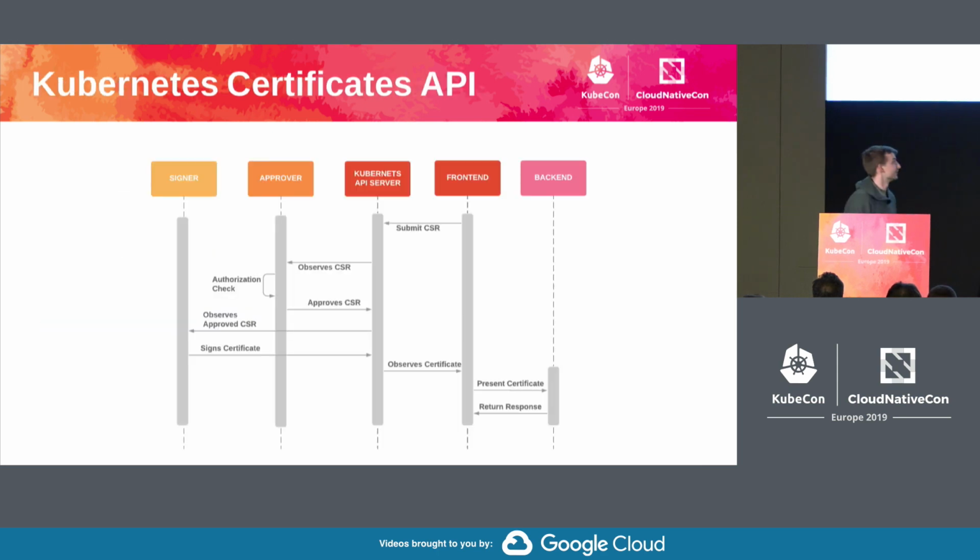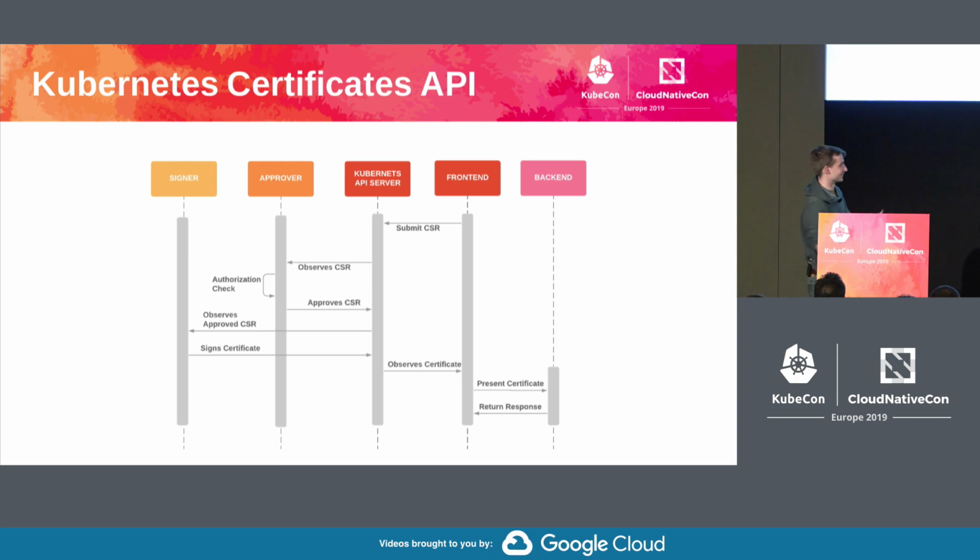There is another equally complex flow that starts with the front end submitting a certificate signing request to the API. An approver, which you have to write, observes that CSR, does some authorization check, and approves it. A signer separately signs that into a certificate.